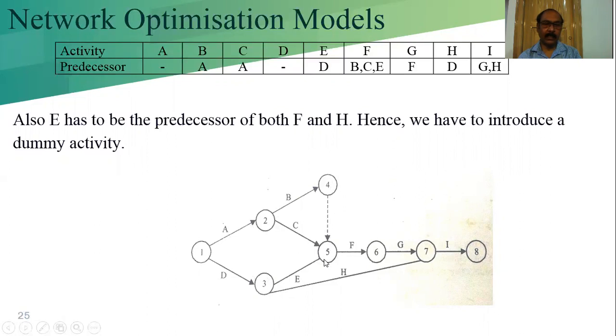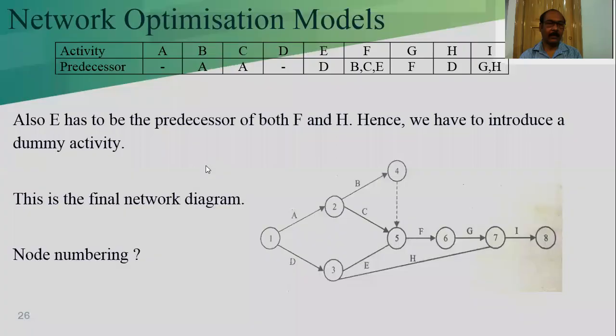In this case, see, this node is the successor of these three, and these three are the predecessors. So this number should be more than these three. This is our final node numbering, which I already explained.